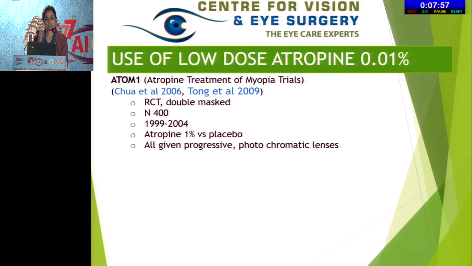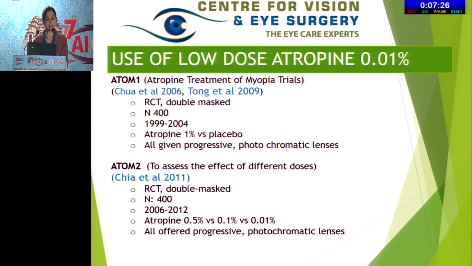Now, there have been two basic trials which have changed the paradigm in which we have started using low-dose atropine. One of them was the ATOM-1 study, which was done in Singapore. It's the Atropine Treatment for Myopia trial, which was a double-masked randomized controlled trial with almost 400 eyes, and atropine 1% was evaluated against the placebo.